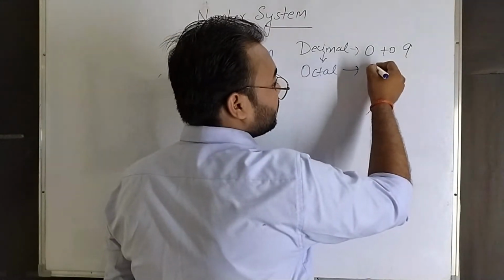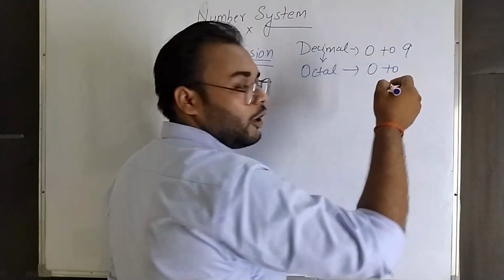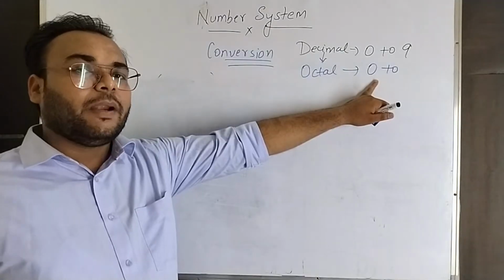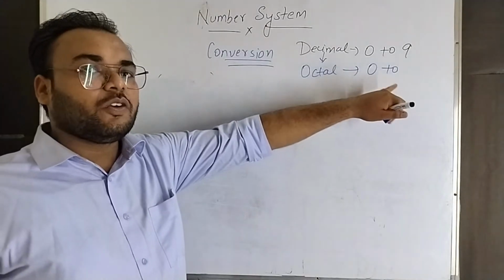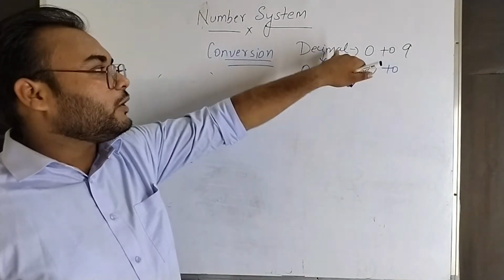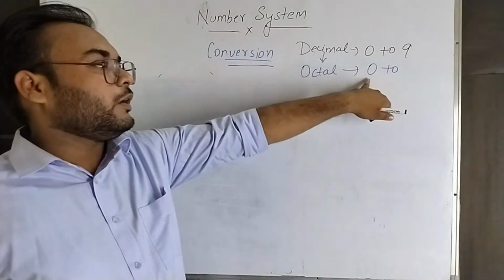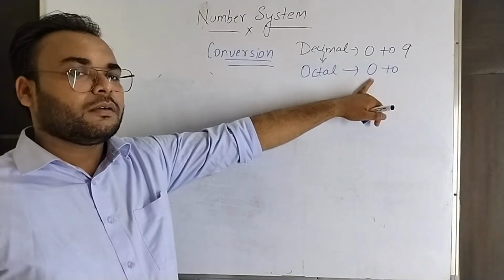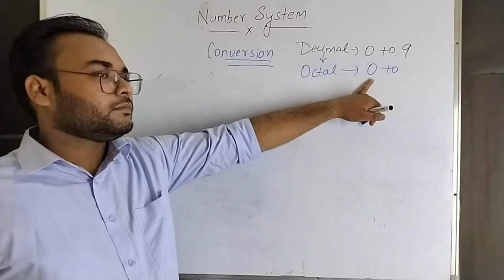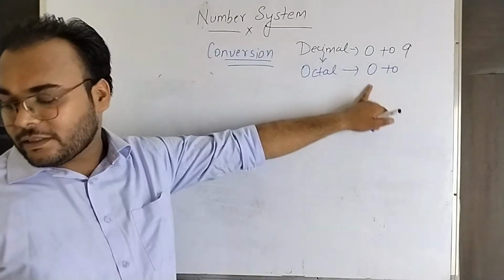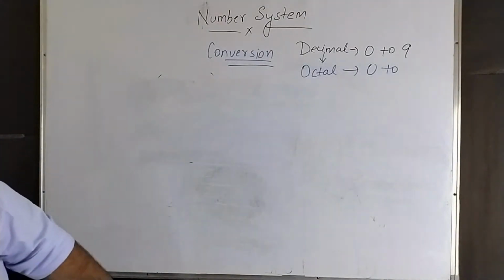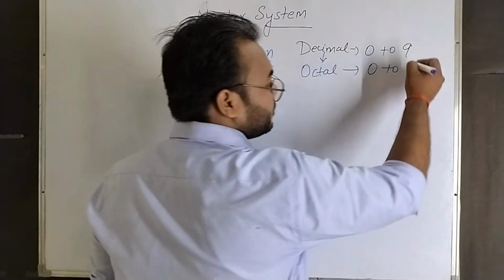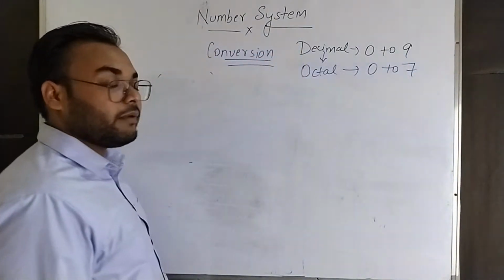If in decimal we use 0 to 9, then in octal we use 0 to what? Tell me fast. I'm checking your answers. It's 0 to 7, beta.